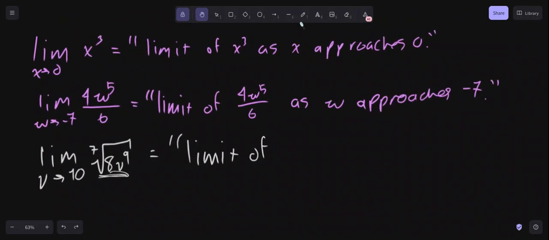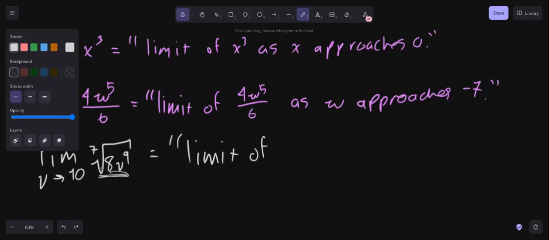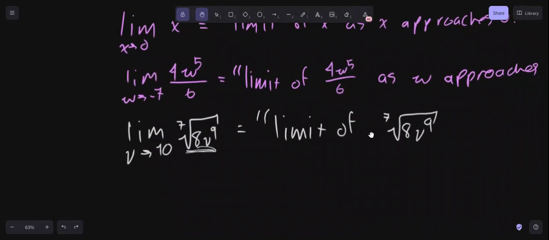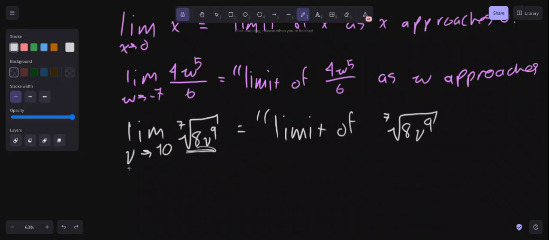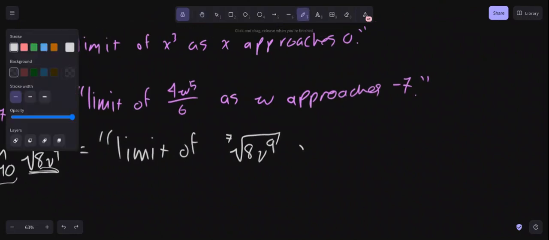We would say the limit of whatever comes right after the LIM, the limit of the 7th root of 8b to the 9th, and then after that you would say as v approaches 10.